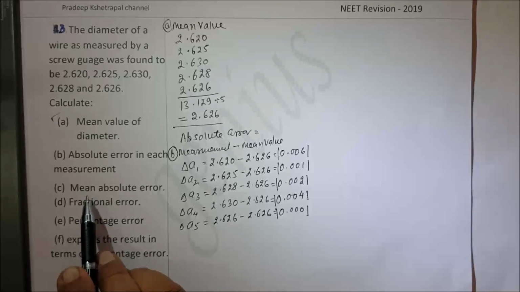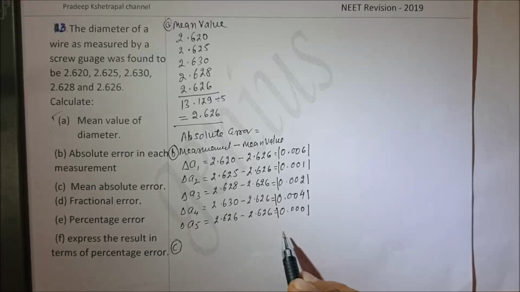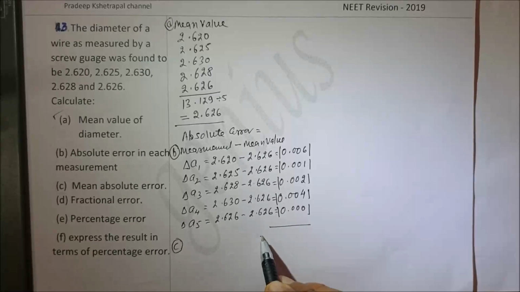Now mean absolute error, that is C. How do we get mean absolute error? We add them all.